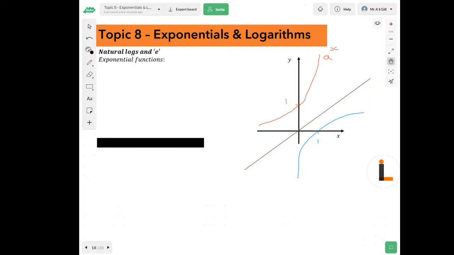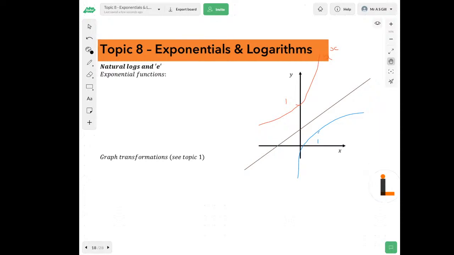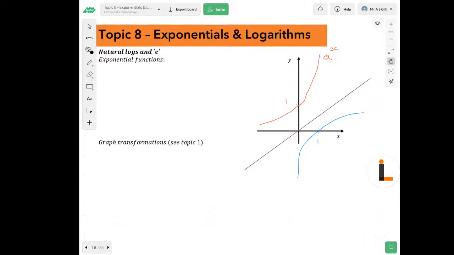There's a significant part of this that builds on graph transformations, but the graph transformations, similarly with the trig graphs, all have the same foundation, so we're not going to cover them today. But if you want to have a look at graph transformations, they're in topic 1. They would have a similar function where if we were to have the function f of x is equal to a to the x, then we would have f of x plus 2 is equal to a to the x plus 2.